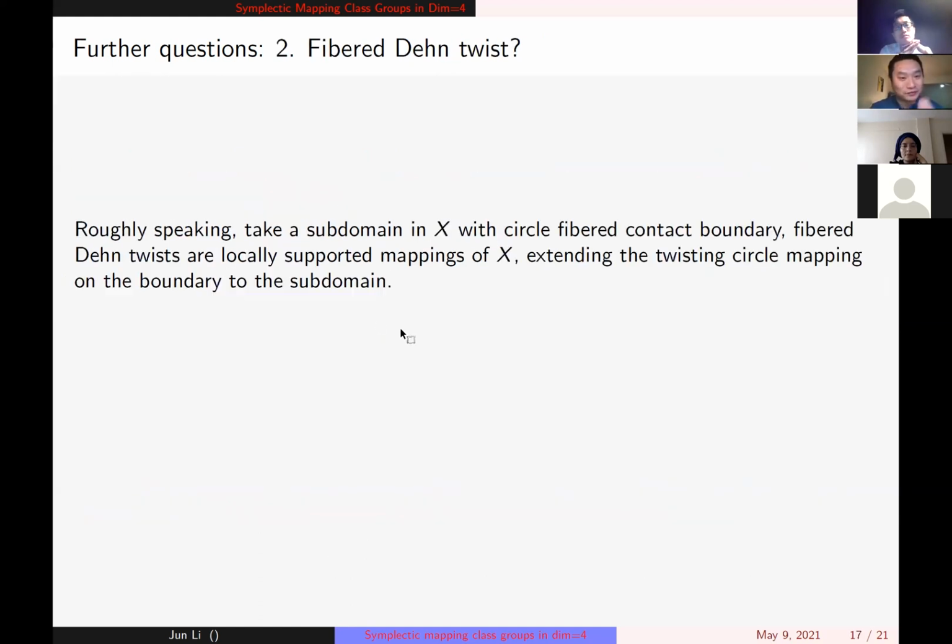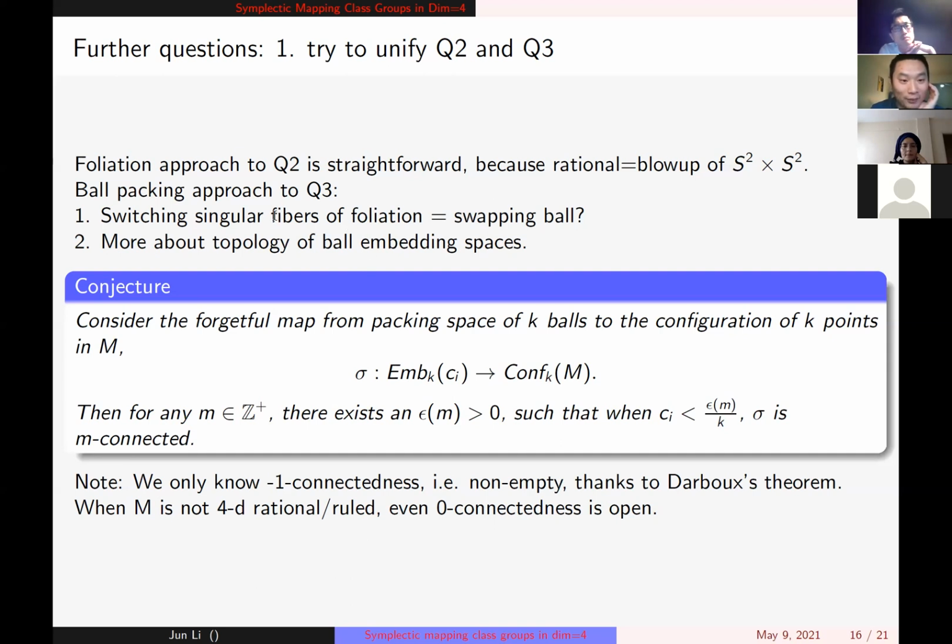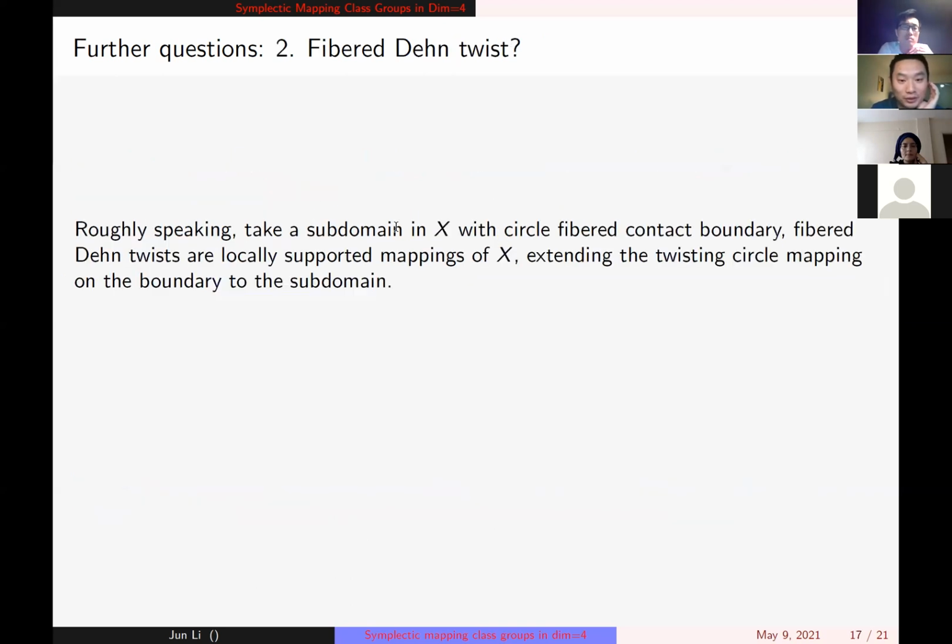And the second thing is that we try to relate this swapping fiber map to the fibered Dehn twist map. Okay, again, there's nothing written down, and some initial ideas are like this. So let's recall the fibered Dehn twist.